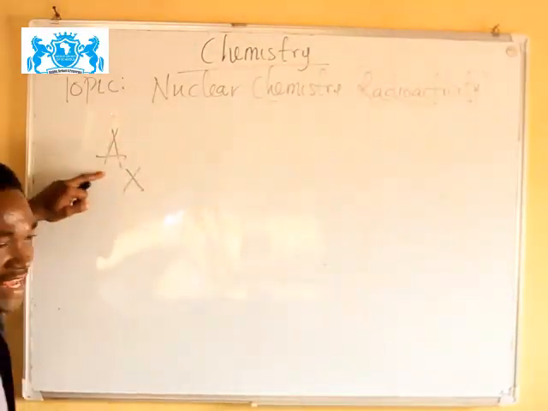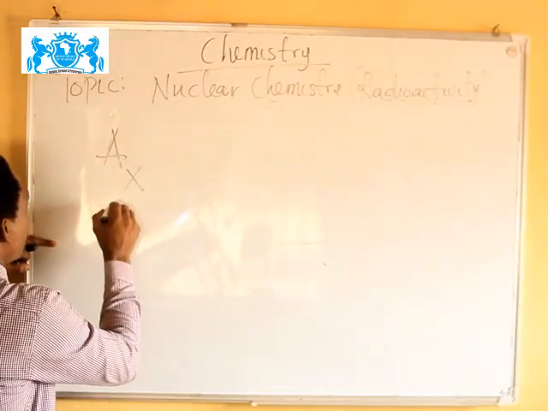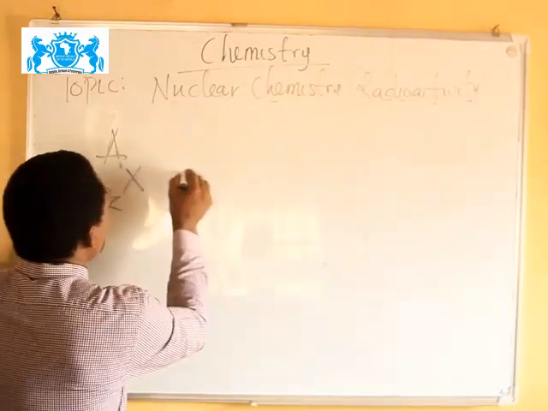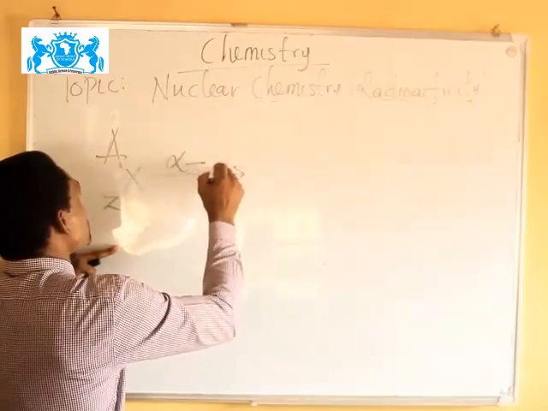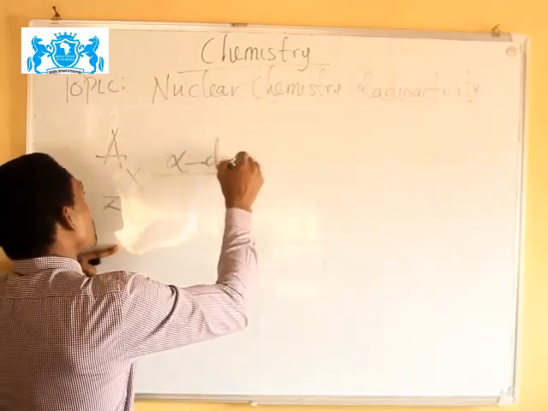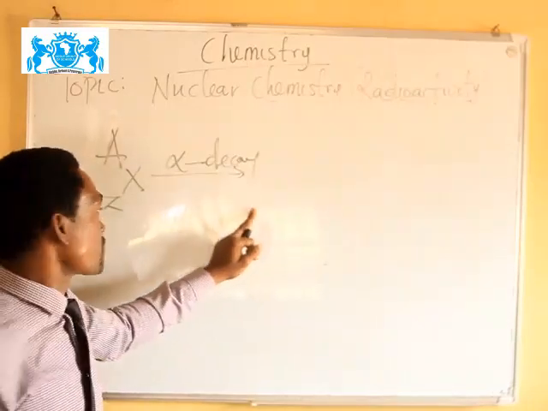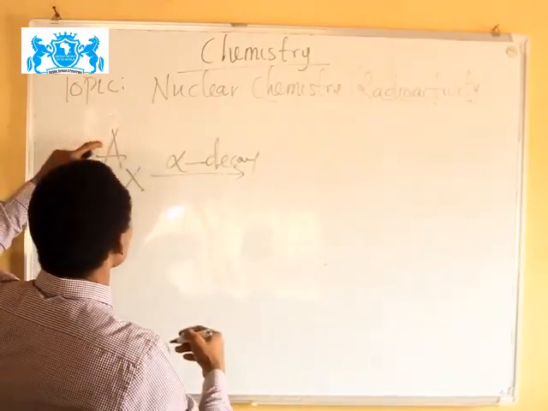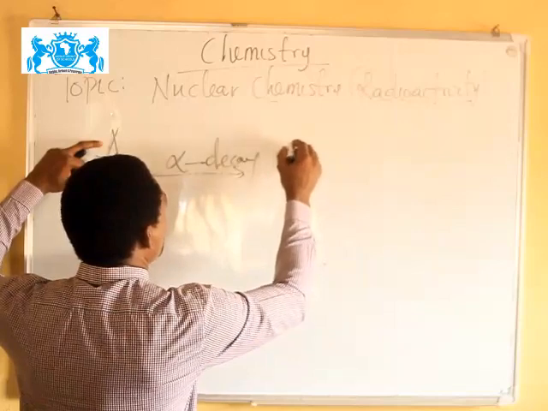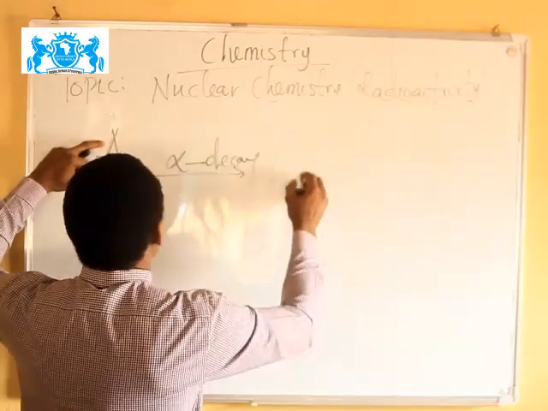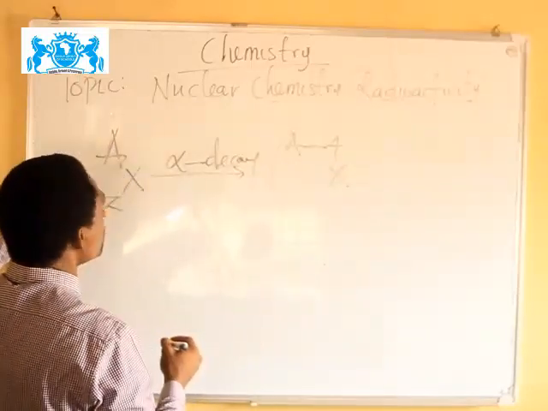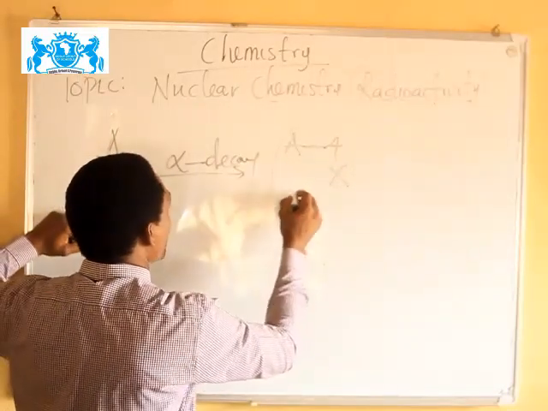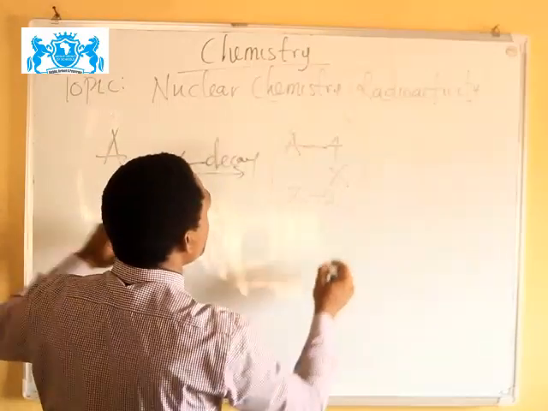We need to understand how the symbols work. An element with mass A and atomic number Z, if it undergoes an alpha decay, gets to lose 4 from the mass. So you say A minus 4, and it will lose 2 from the atomic number, that's Z minus 2.